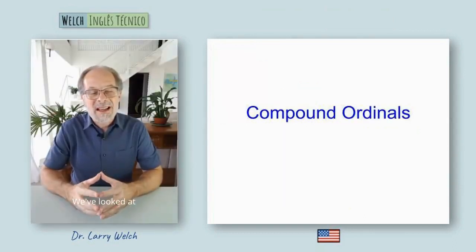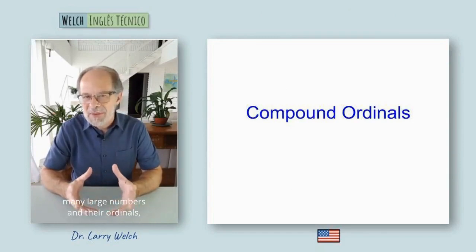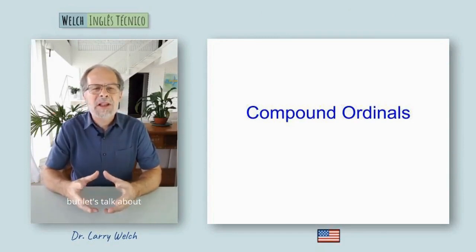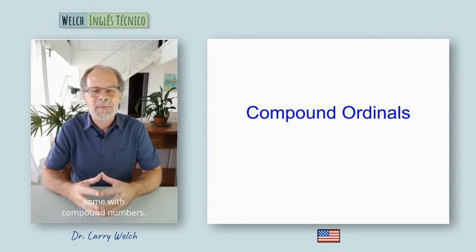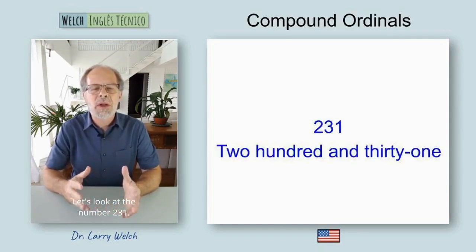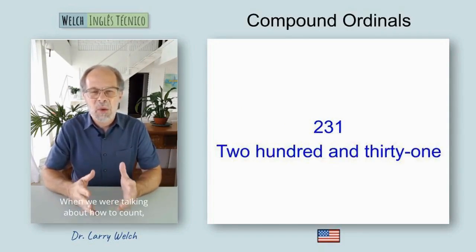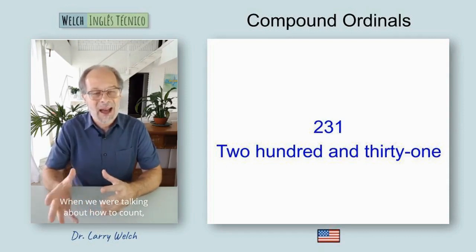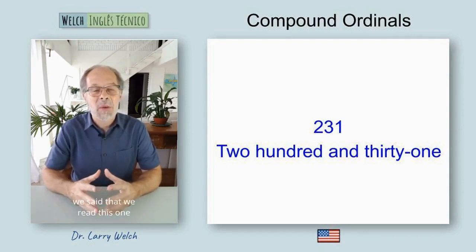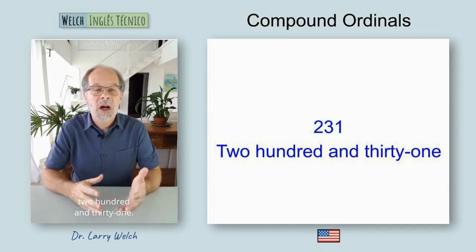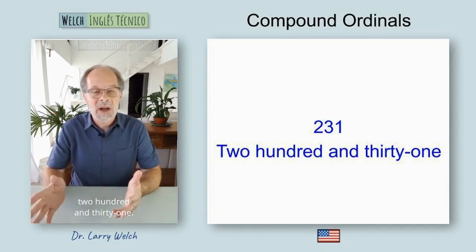We've looked at many large numbers and their ordinals, but let's talk about some with compound numbers. Let's look at the number 231. When we were talking about how to count, we said that we read this one 231.